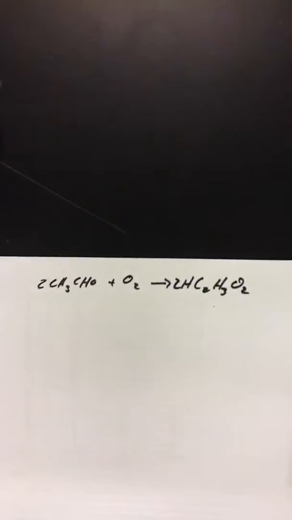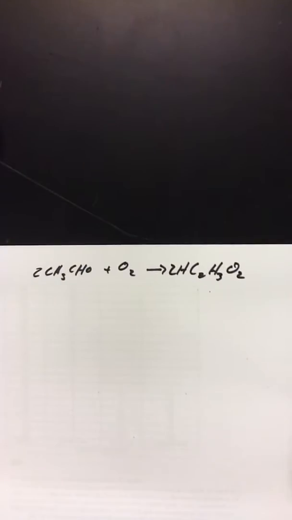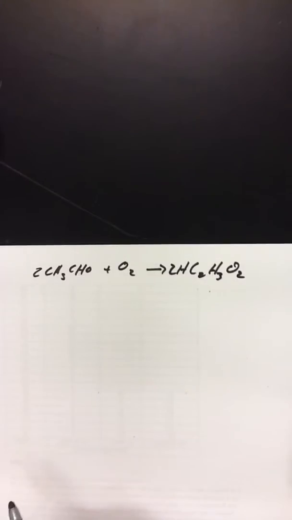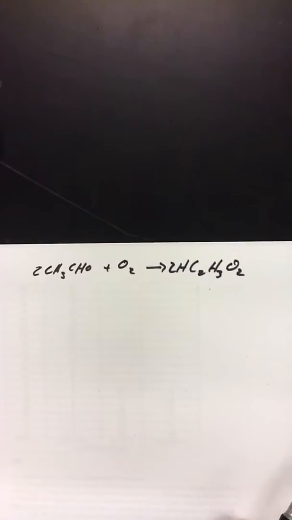We have our balanced reaction, which we're going to start to work with. In these limiting reactant problems, we're given some sort of amount and then asked how much of the reactants are required to produce so many moles or grams, or vice versa, how many moles or grams are required to produce X number of moles of acetic acid.